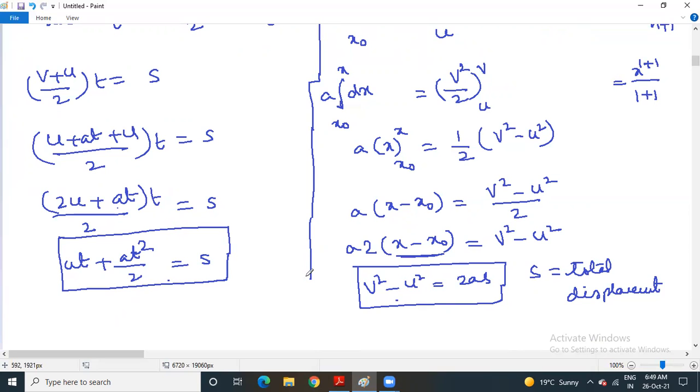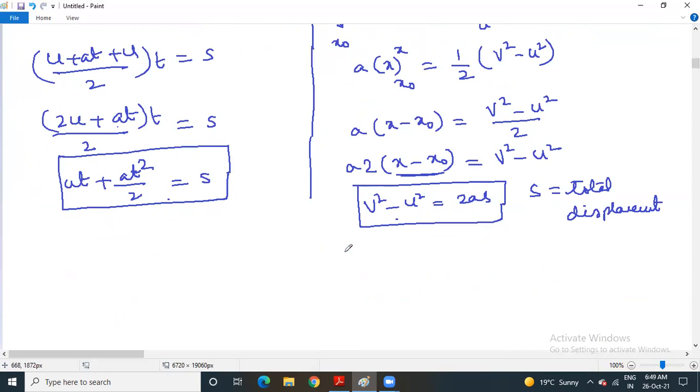Now, making use of the general method, let us find out v square. Let us show v square minus u square equal to 2as. So we know that v average is equal to (v plus u) by 2.